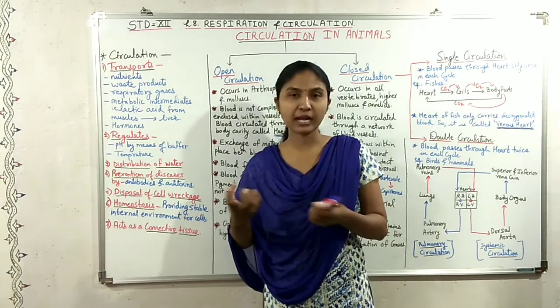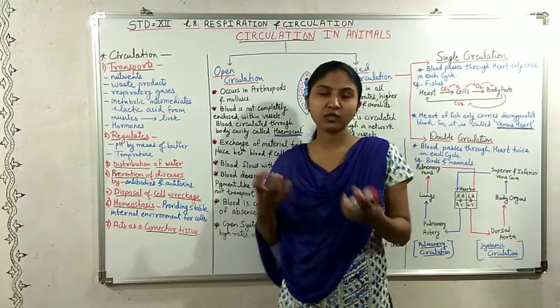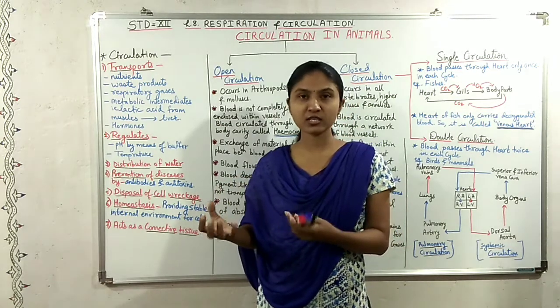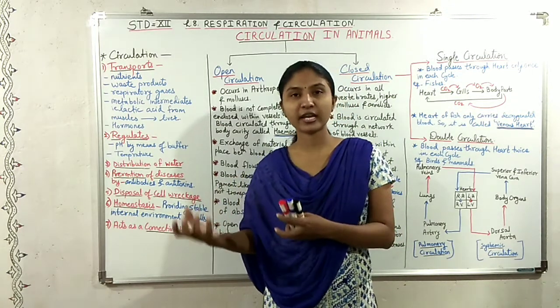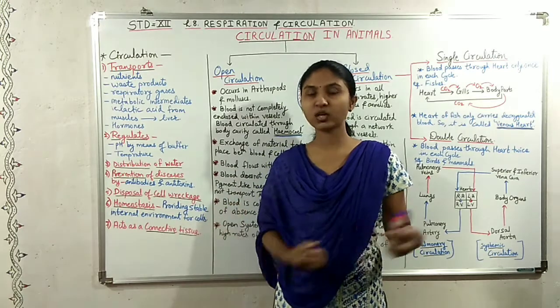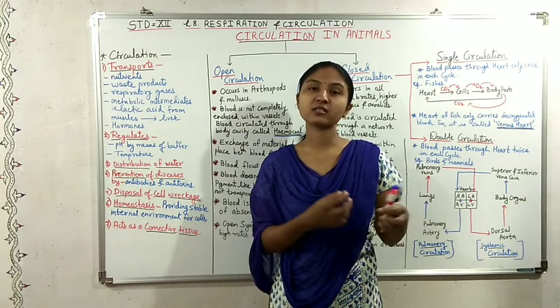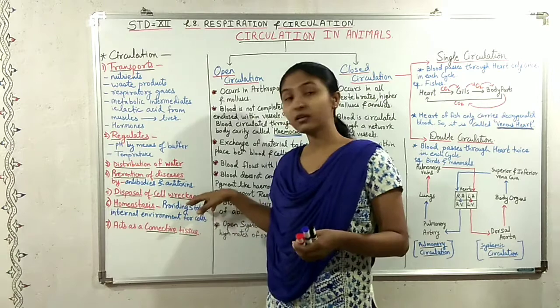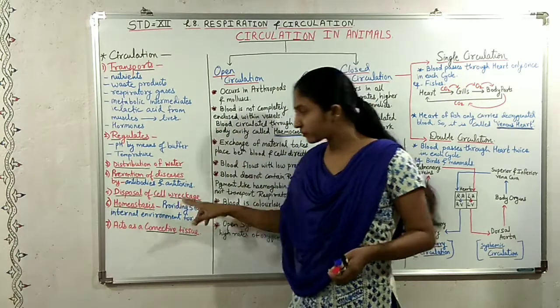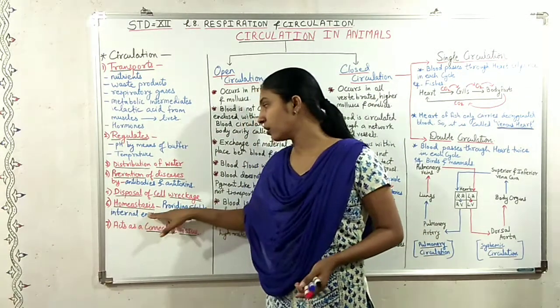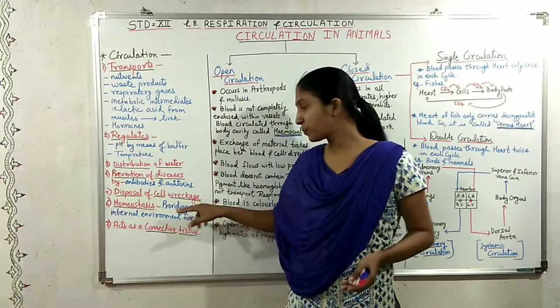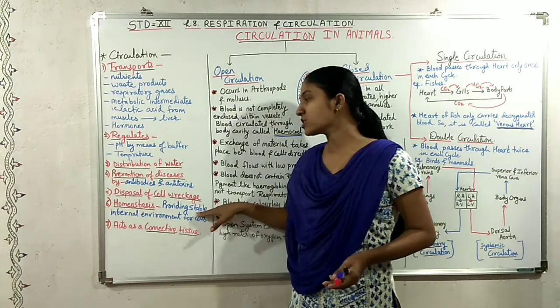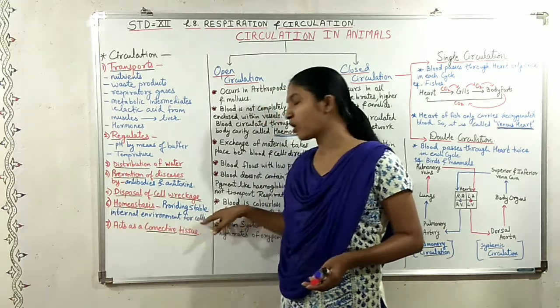The disposal of cell wreckage. Whatever the debris or waste products are there in the cell, they are taken from the cell to the excretory system for disposal by the blood, by the circulation. Next is homeostasis, that is providing a stable internal environment for the cells.